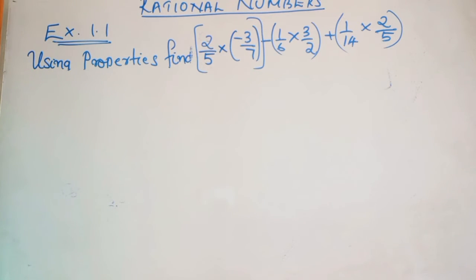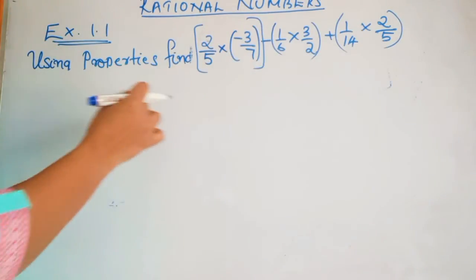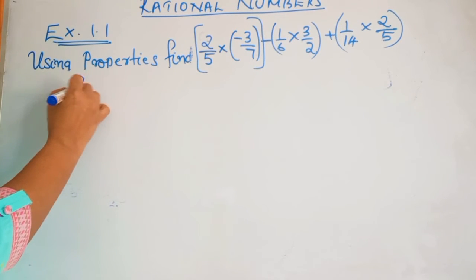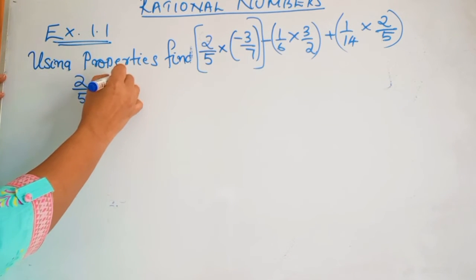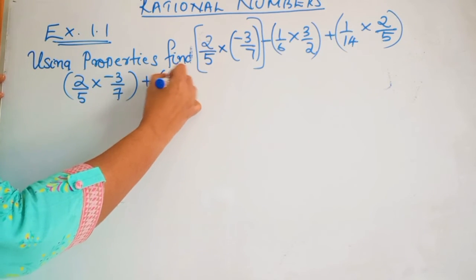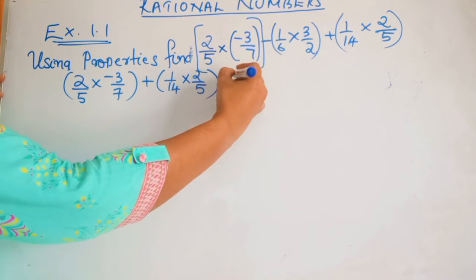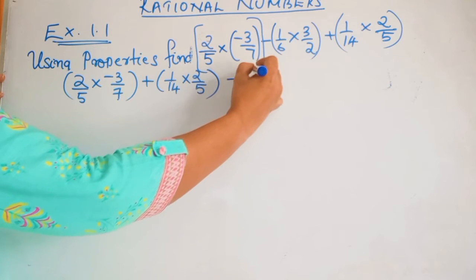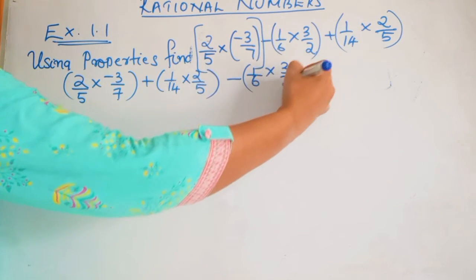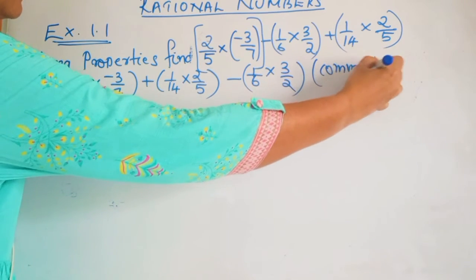Identify the common among these: 2 by 5, 2 by 5. So bring these two terms together by applying the commutative property. So here we applied commutative property.